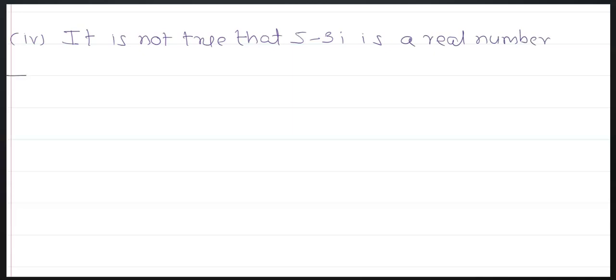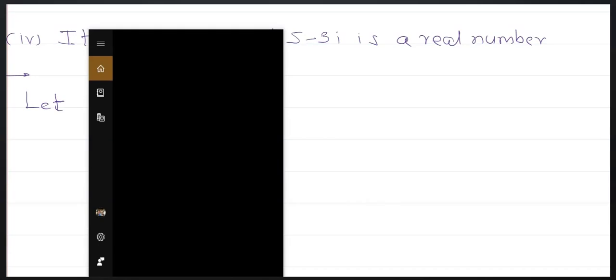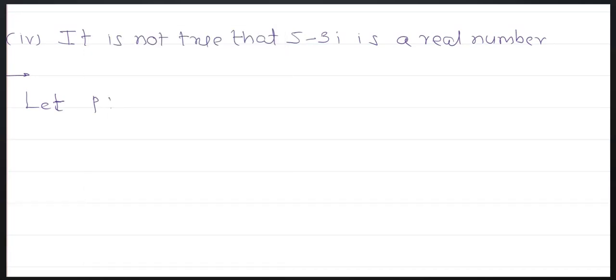Next. It is not true that 5 minus 3i is a real number. Here P is 5 minus 3i is a real number.